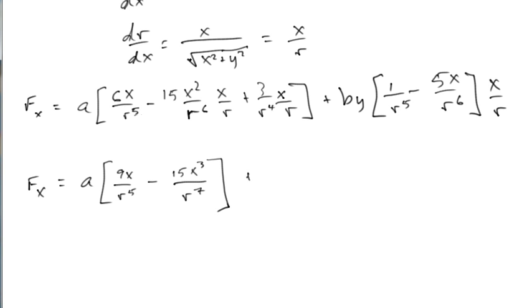And then plus by times x over r to the 6th minus 5x squared over r to the 7th.